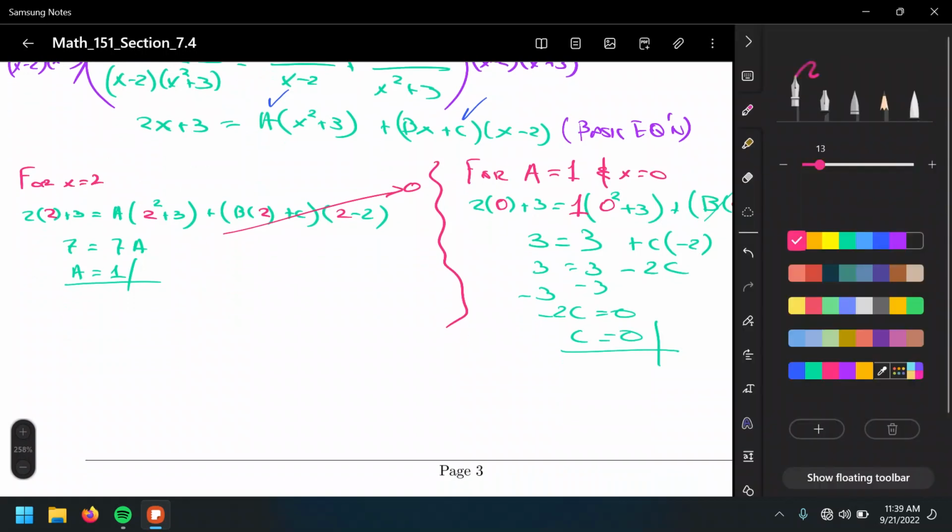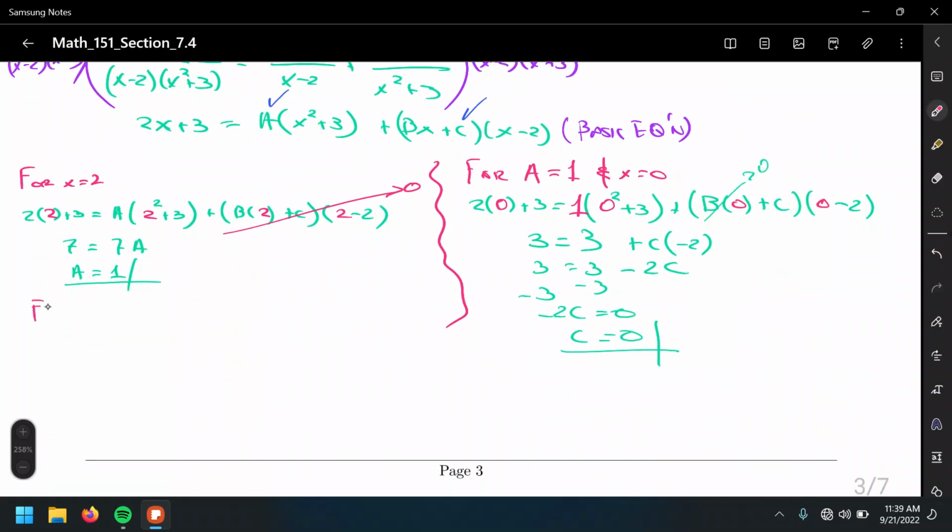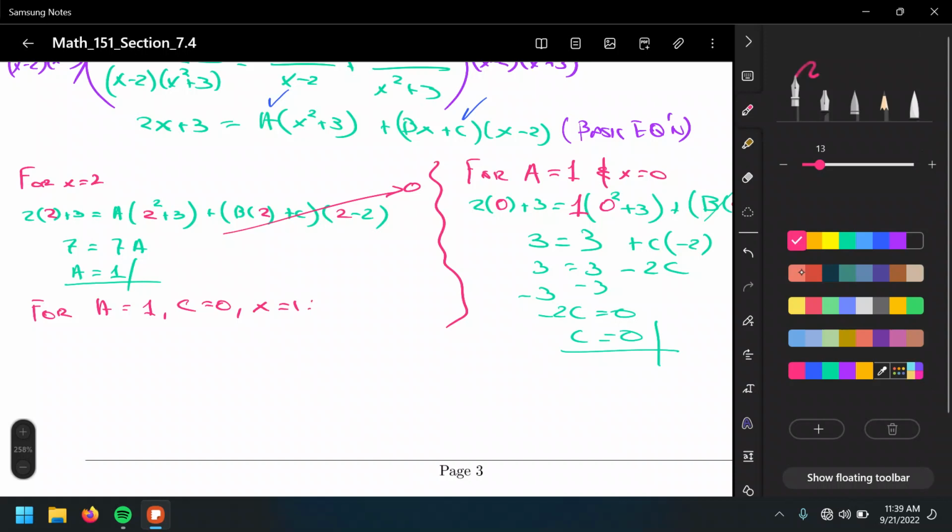So, for a equals 1, c equals 0, and x equals 1, this will be number 1.